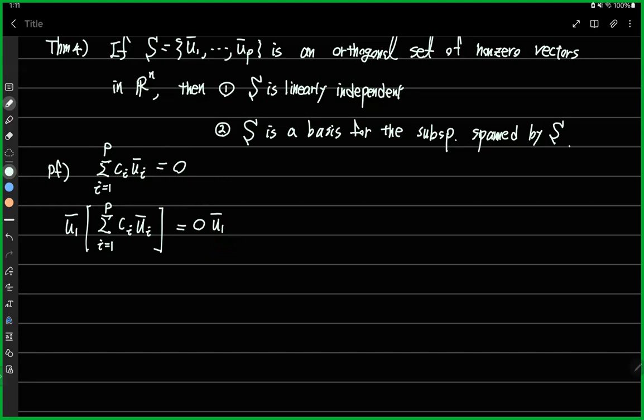So this is the 0 vector, sorry. Actually, this should be u1 transpose, right? Oh no.